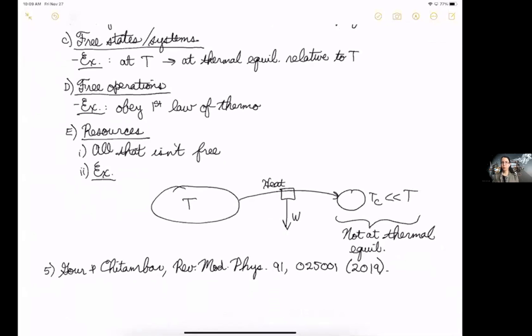If you have only thermal equilibrium states, then a theorem shows that you can't extract any work. And this is referred to as complete passivity. If you're interested, then feel free to email me and I can send you a reference about this. We're going to talk in more detail about a set of operations that we can regard as free in this resource theory. I'll write out the math, so hopefully things will become more clear.